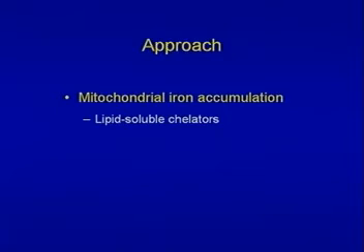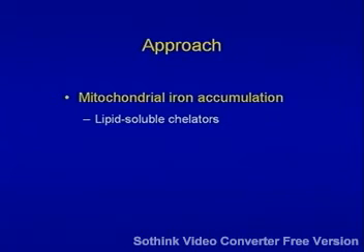Lipid-soluble means that it can cross membranes. As Massimo showed you, the mitochondria is surrounded by 2 membranes. The cell is surrounded by 1 membrane. So a chelator has to go through 3 membranes to get all the way into the center part of the mitochondria, the mitochondrial matrix, to take the iron out. That's why we're looking at lipid-soluble chelators to try and decrease that mitochondrial iron accumulation.